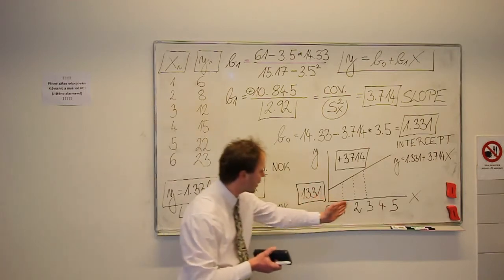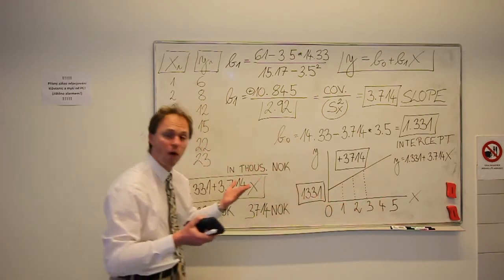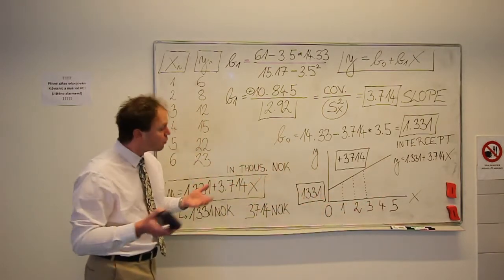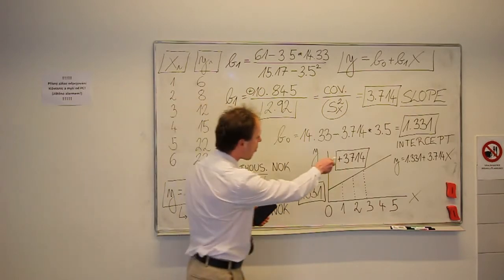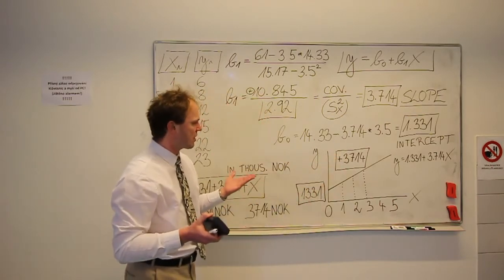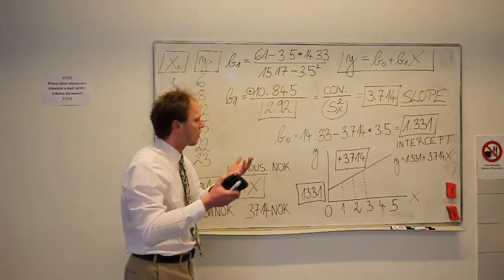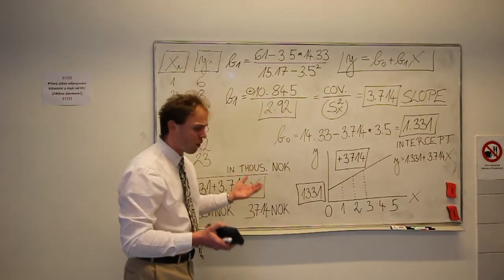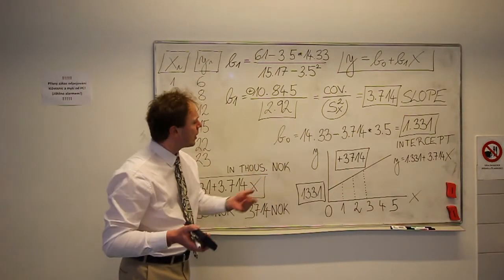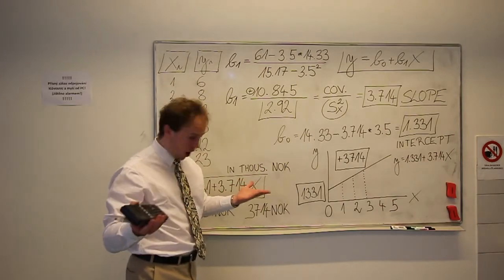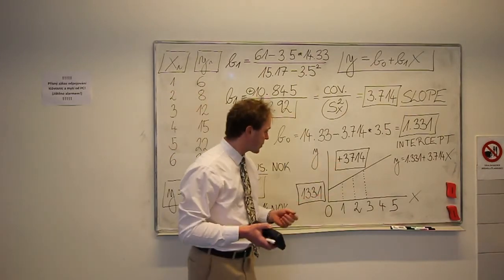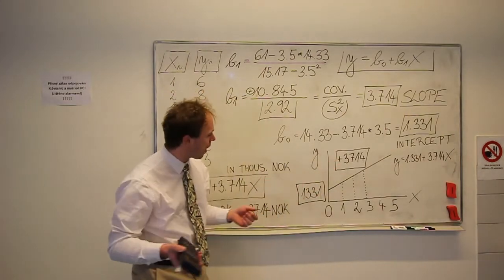And with every other person in your household, you need to have more money, more by 3,714 Norwegian crowns, yes.